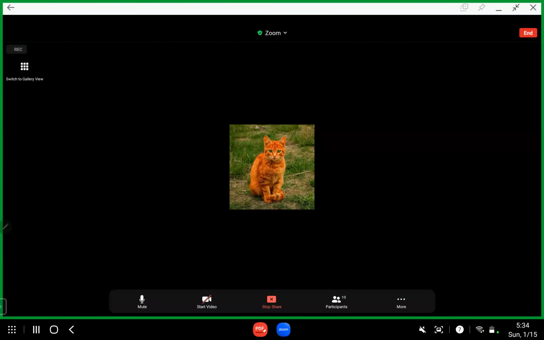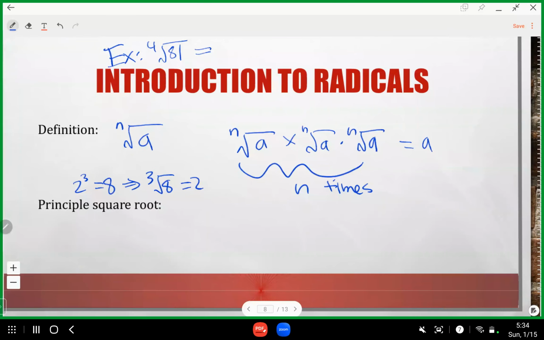Very good. The fourth root of 81 is 3 because, from this definition, the fourth root of 81 multiplied by itself 4 times should be equal to 81. It's going to be 3 multiplied by itself 4 times, which is 81, because this is 9, this is 9, and 9 times 9 is 81. That is just a quick example.